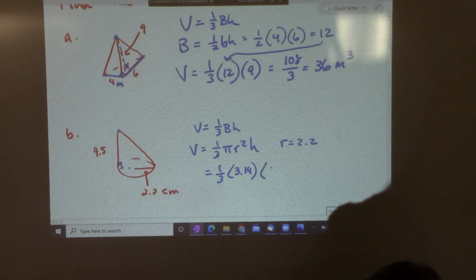Okay, so I'm going to put 2.2 squared in for the radius, and then the height is right here, perpendicular to the base, which is 4.5.